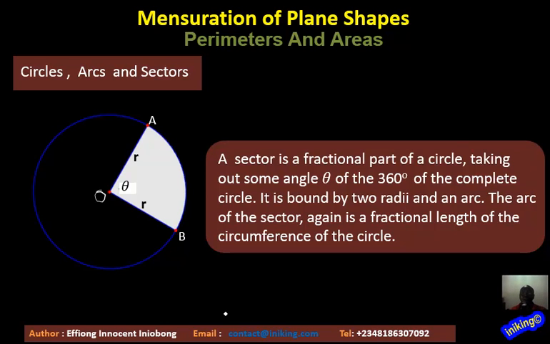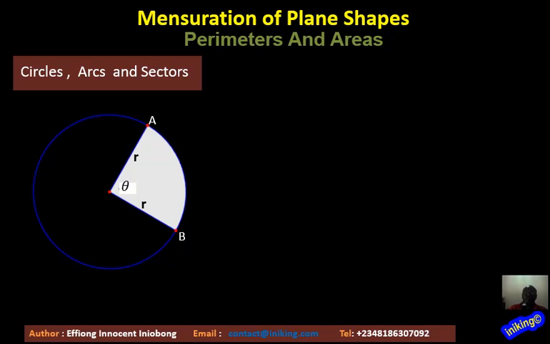So here we have arc AB and we have sector AOB. Both of them taking out theta out of the 360 degrees of the complete circle. That defines what the arc is and the sector.